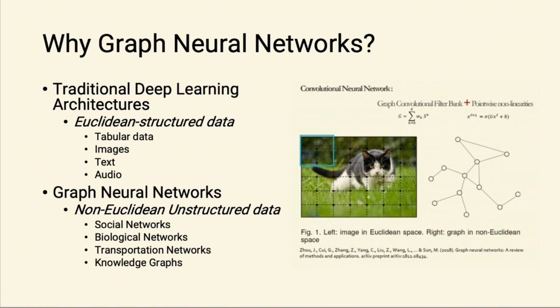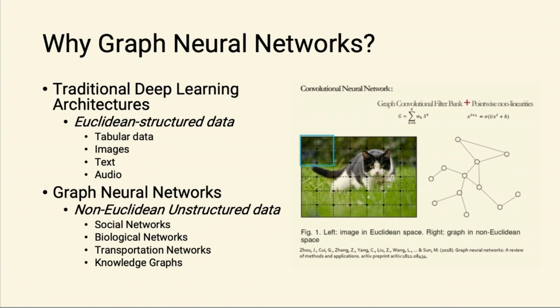By that, what I mean is data that are tabular data, audio files, videos, images, and text, and these are all Euclidean structured data. What I mean by Euclidean structured data is data that can be represented on a plane surface and in a multi-dimensional planar surface. So anything that we generally imagine in an n-dimensional space, like a vector space or an n-dimensional coordinate system, they're all Euclidean spaces.